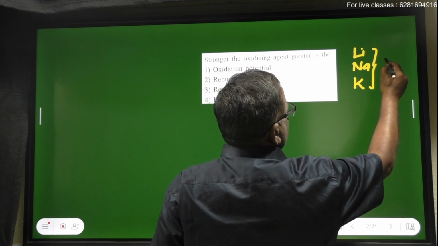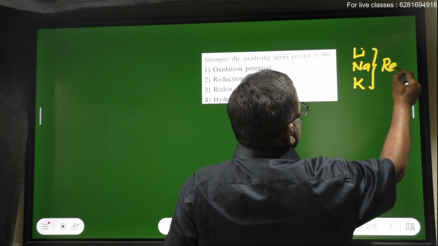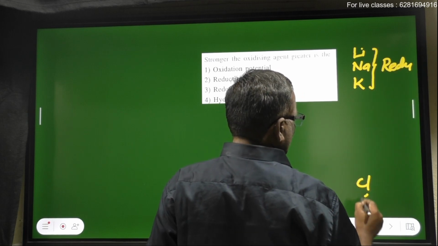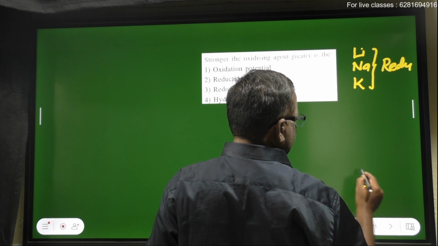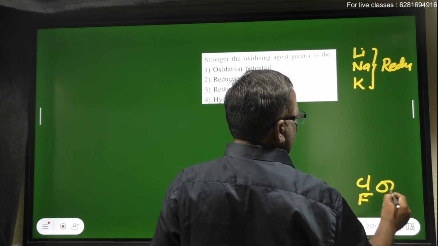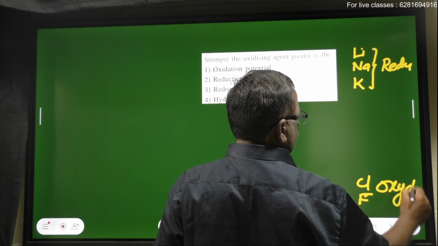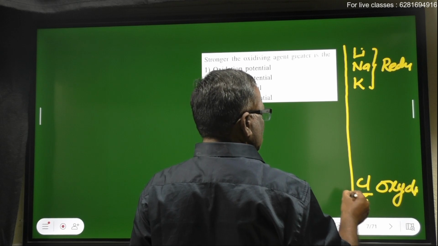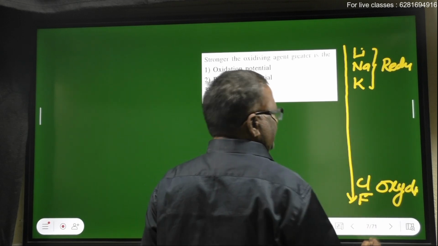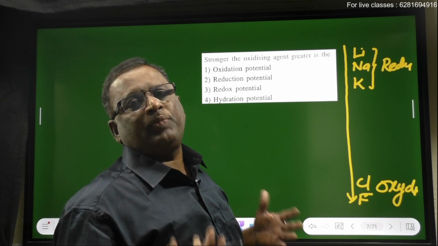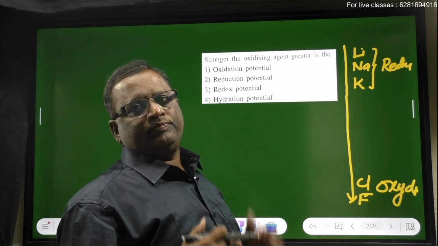They are reducing agents. Chlorine, fluorine, oxygen are present at the bottom, they are oxidizing. So in the electrochemical series, from top to bottom, reduction potential will increase, oxidation potential will decrease.